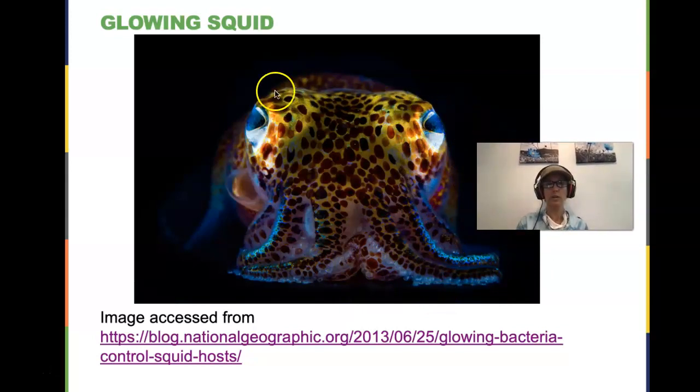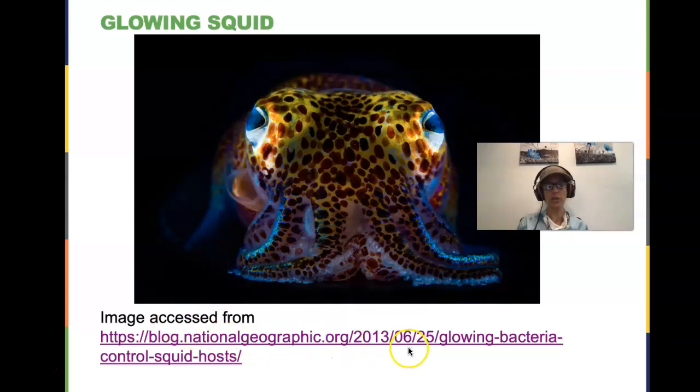We can see here the squid has its own eyes, but the light organs are located near there. Highly concentrated Vibrio fischeri in this region, so it is illuminated, but it's also in other regions on the squid. And that additional light is what prevents the squid from casting a shadow and protects it from predation.